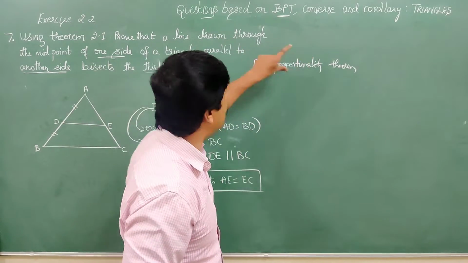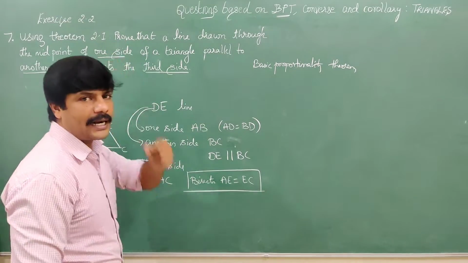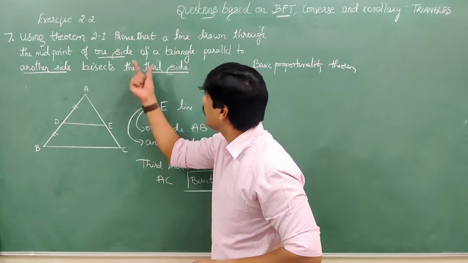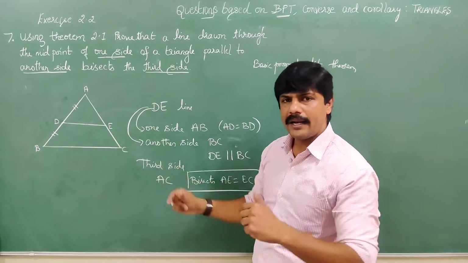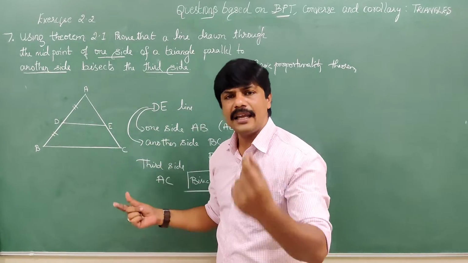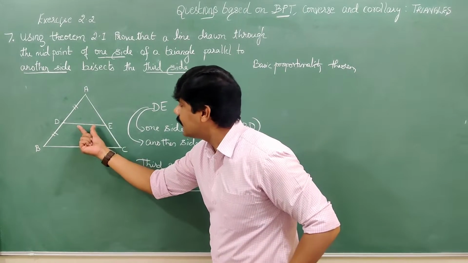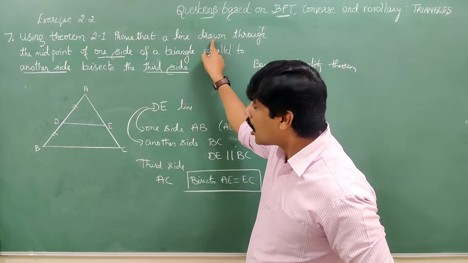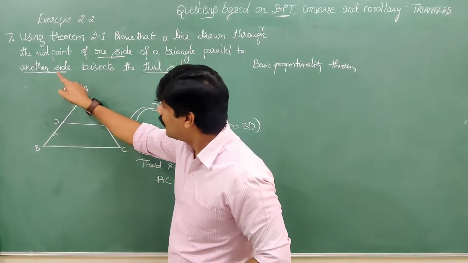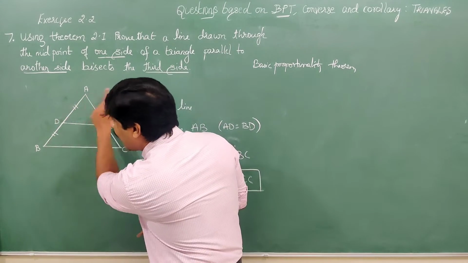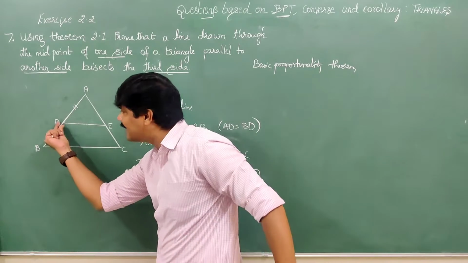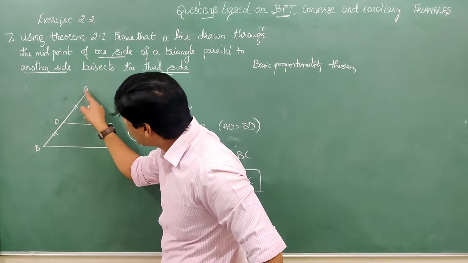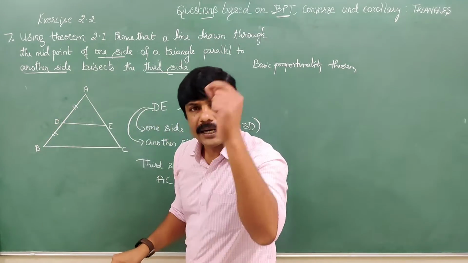Using the basic proportionality theorem, prove that the line DE. Since the line's name is not given, it's your wish; you should write one line, however, with D, E, F or whatever it is. This line DE is drawn through the midpoint of AB. Since this D is the midpoint, AD is equal to BD. Here the condition is given.